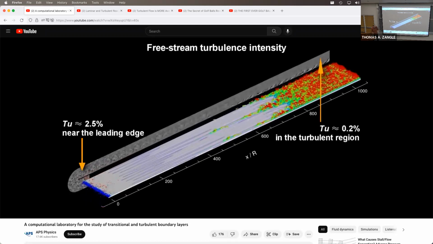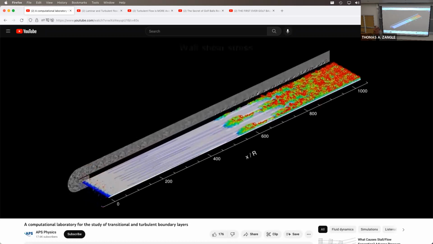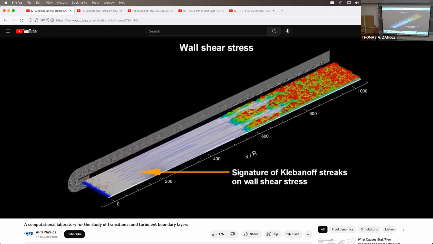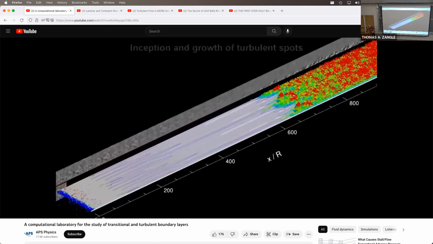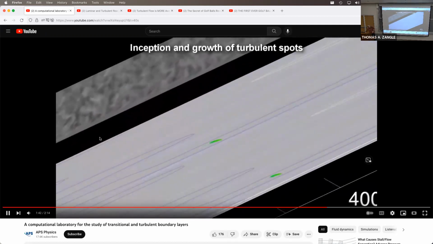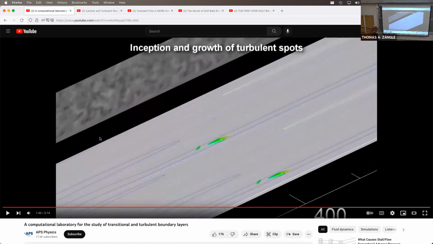We're talking about free stream turbulence intensity. Those streaks indicate that we're starting to transition to turbulence. Now, we talked about turbulent spots last time, right? And how we have these arrowhead shaped things that form kind of randomly because of disturbances in the flow, and then grow as they move downstream.